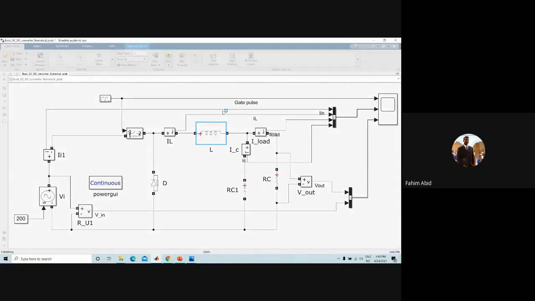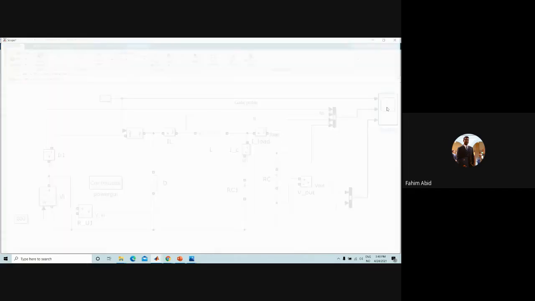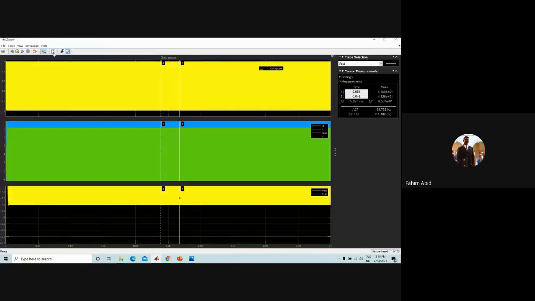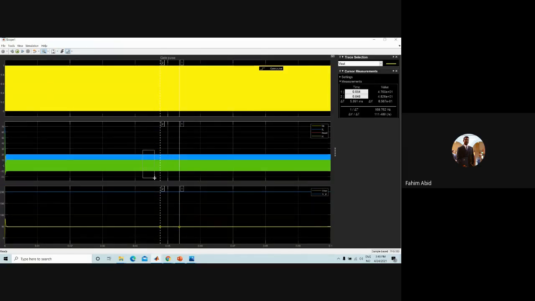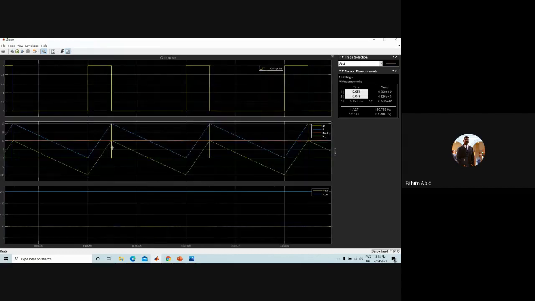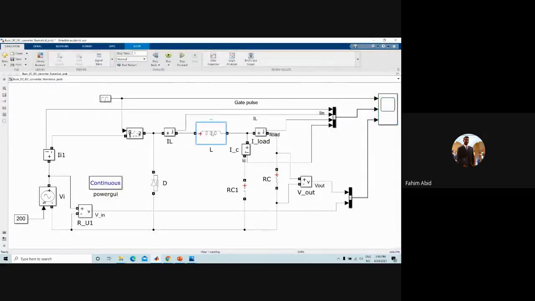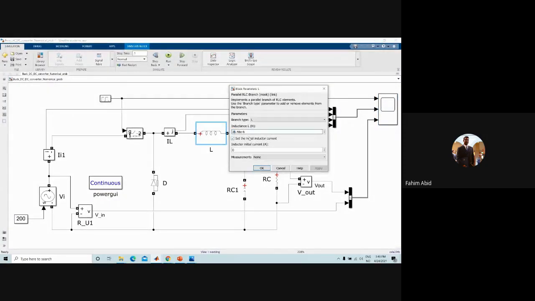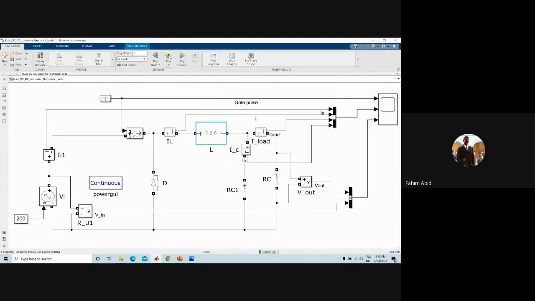Now if we look at the simulation results, if I zoom in, this is our inductor current, the blue line, and you can see clearly that it's marginally touching our x-axis. If I reduce this further, let's say to 6.3, we can see that it will go into discontinuous operation mode.